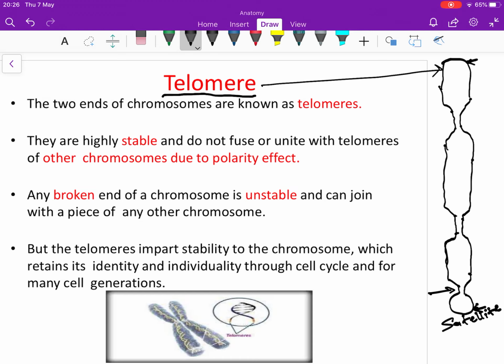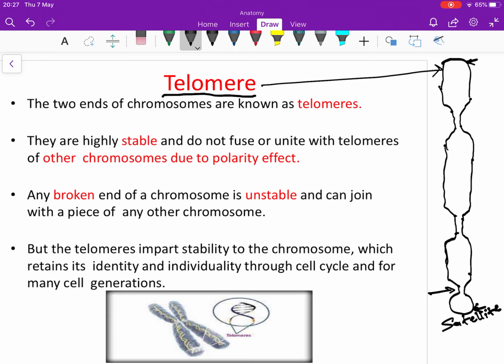And that's why we see hyperploidy. Whenever the telomere becomes unstable because of broken parts, it attaches to another chromosome, and without separation, this part is segregated as it is. So the chromosomes attached to each other get segregated together, and that's why the hyperploidy condition arises.